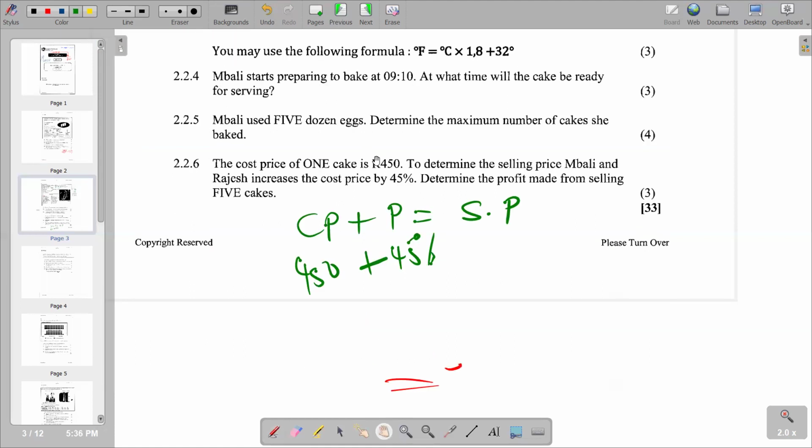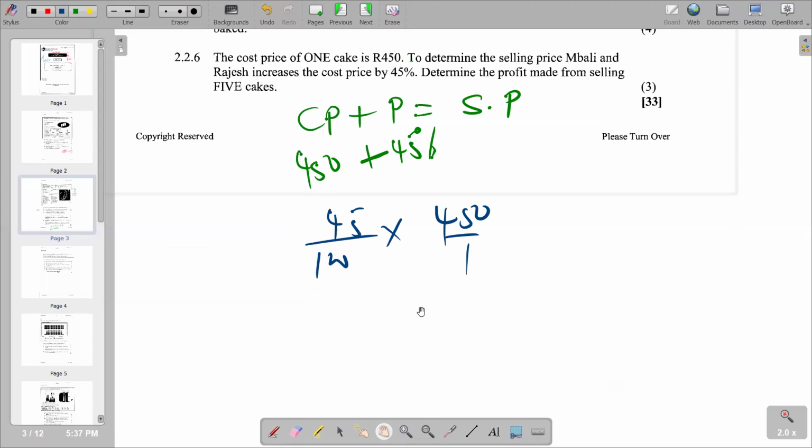So basically we can just get the profit of 1 cake because the 450 is for 1 cake. So we can calculate the proportion: the profit of 1 cake is going to be 45%, which is 45 over 100, and then multiplied by 450. So from there we can see the profit of 1 cake.